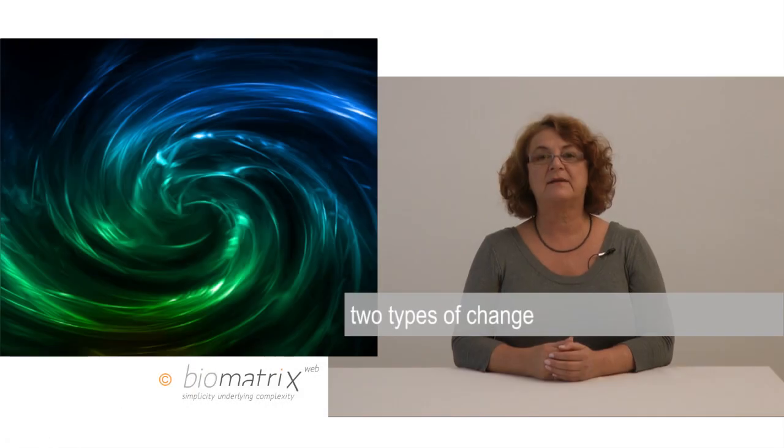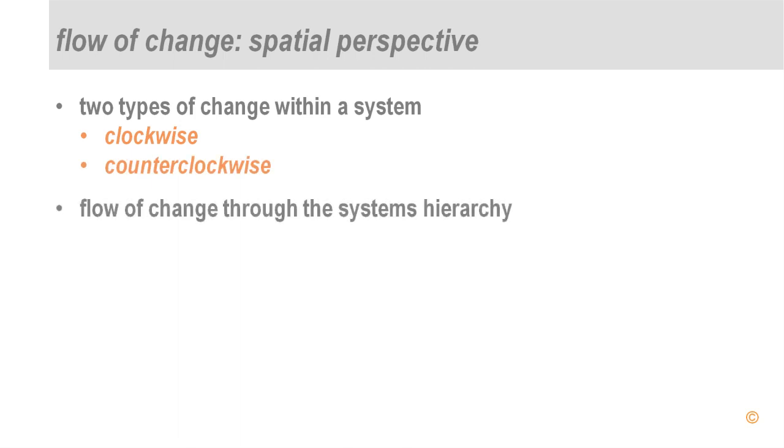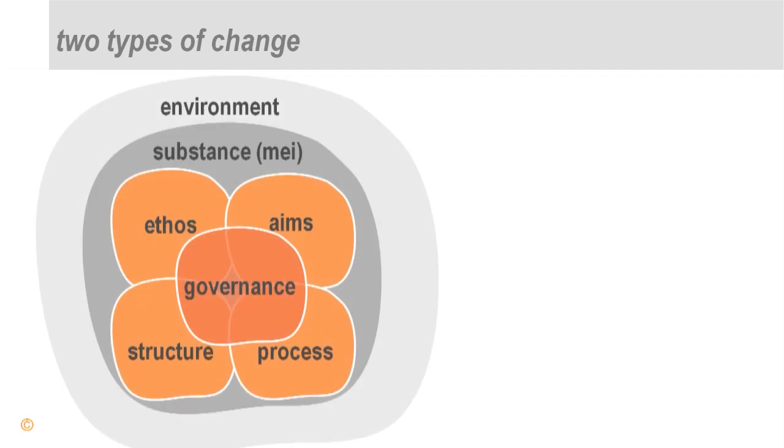We look now at the flow of change from a spatial perspective. We explore two types of change within a system, the clockwise and counterclockwise force of change, and then how the change flows through the system's hierarchy. When we look at the 7 forces of organization, and when we change one of the 7 forces, there will be an impact created on some of the other forces.